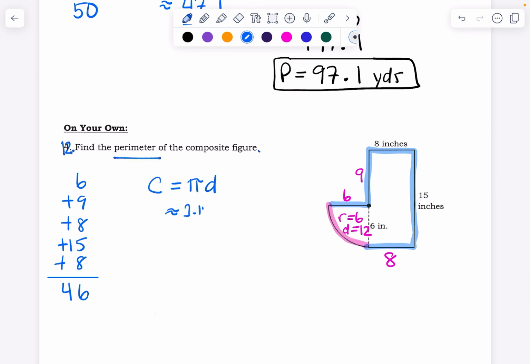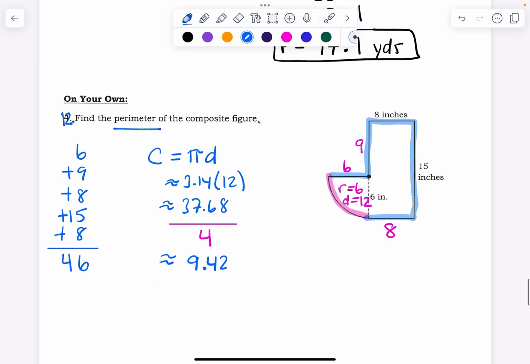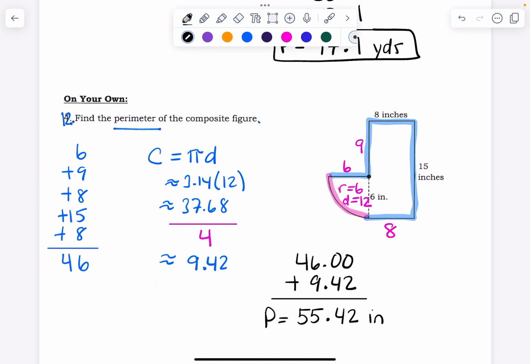I have 3.14 times 12, which would be 37.68. But I don't have an entire circle, ladies and gentlemen. I have a fourth of a circle, so I'm going to divide this by 4 and I would get 9.42. Now I am able to add up all of that together, and I would get the perimeter to equal 55.42 inches.